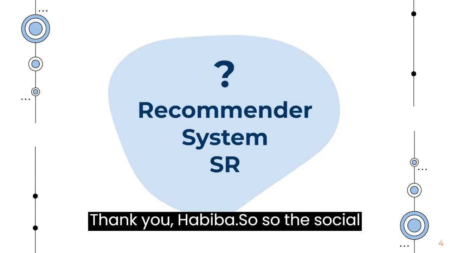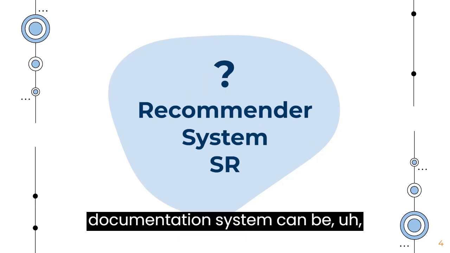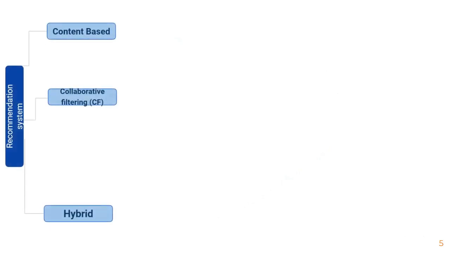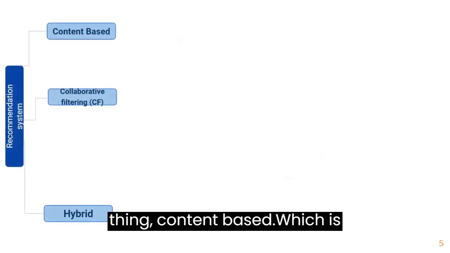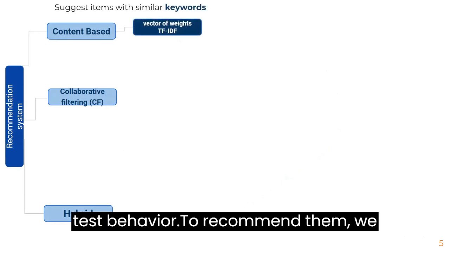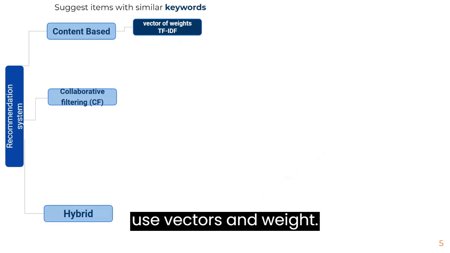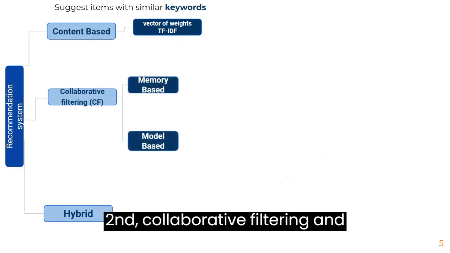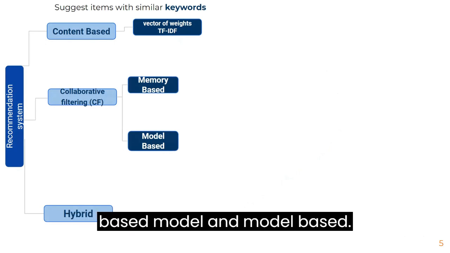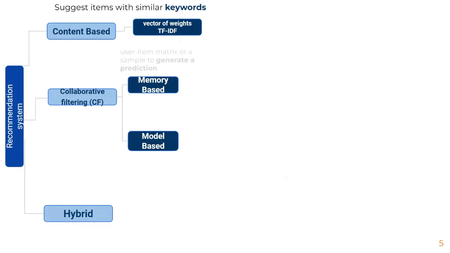Thank you, Habiba. The recommendation system can be classified as follows. First, content-based, which recommends items based on user past behavior. To recommend them, we use vectors and weights. Second, collaborative filtering. In collaborative filtering, we have memory-based and model-based models.